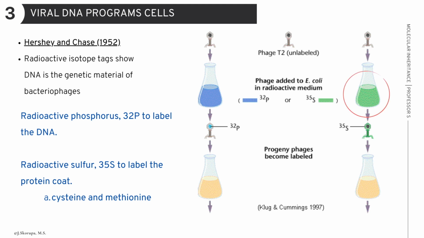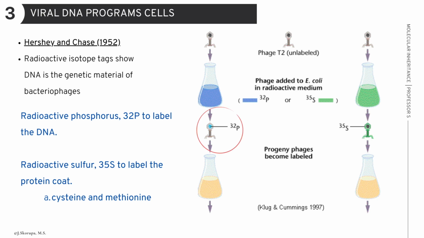On the right, the T2 phages were added into growth medium containing radioactive sulfur. The T2 phages incorporated the radioactive materials either into their DNA, shown in blue, or their protein, shown in green.